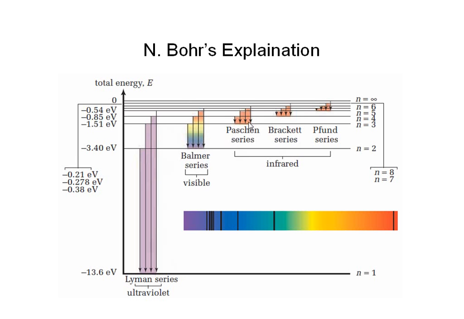As for those other jumps, now we don't care because the energy difference is too small. So this is infrared. Infrared radiation we cannot see, right? So it is not included in this visible light spectrum. Okay. So light is produced when what?